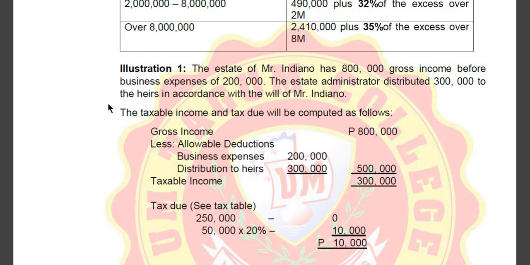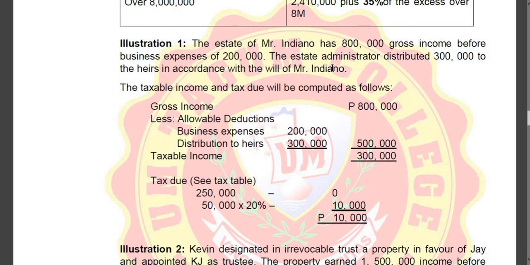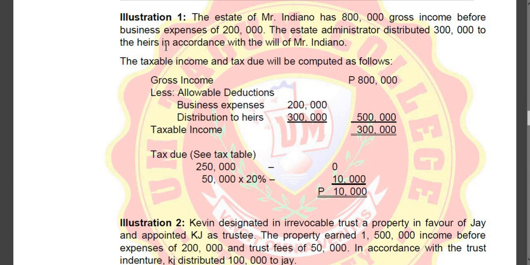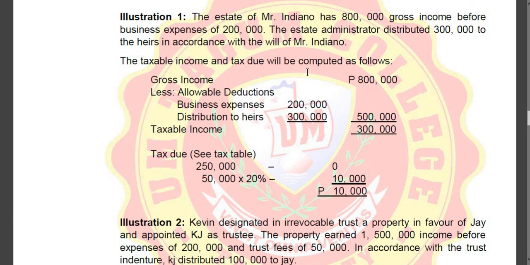Now, to illustrate the theories that we discussed above, here's illustration 1. The estate of Mr. Indiano has 800,000 pesos gross income before business expenses of 200,000. The estate administrator distributed 300,000 to the heirs in accordance with the will of Mr. Indiano. The taxable income and tax due will be computed as follows.